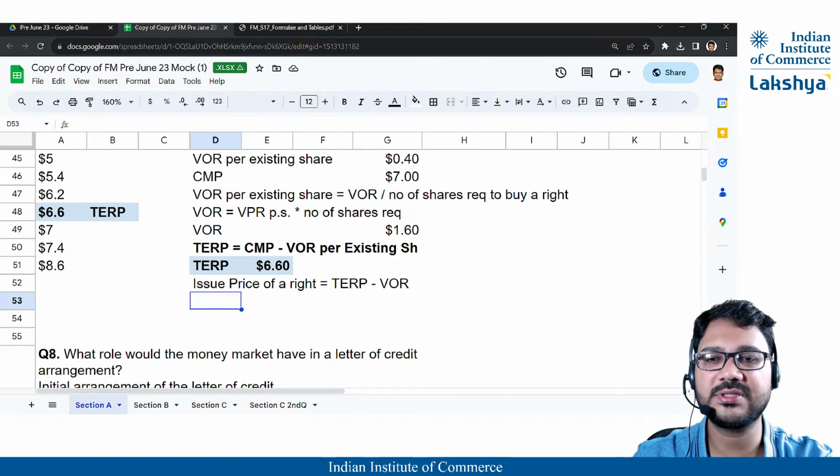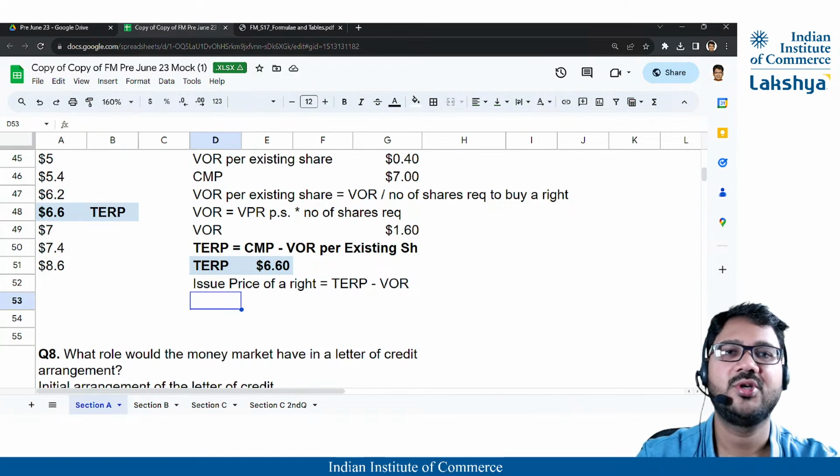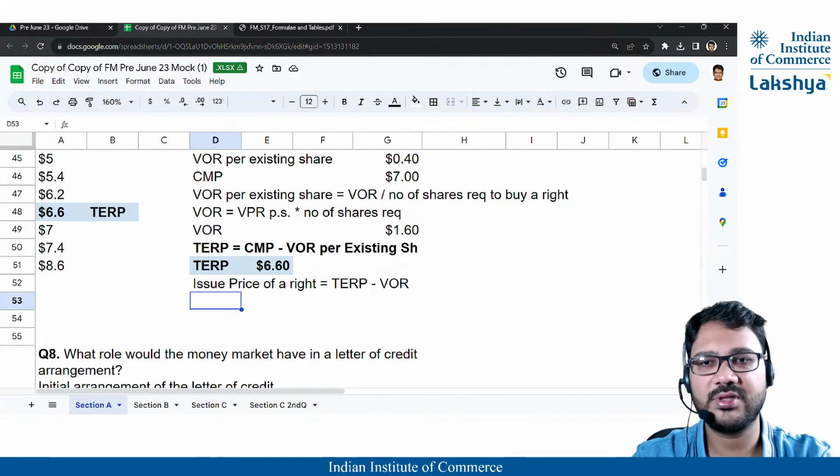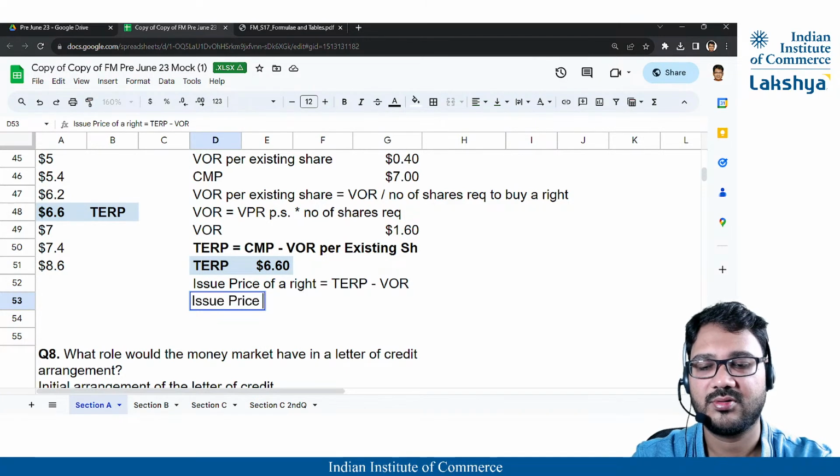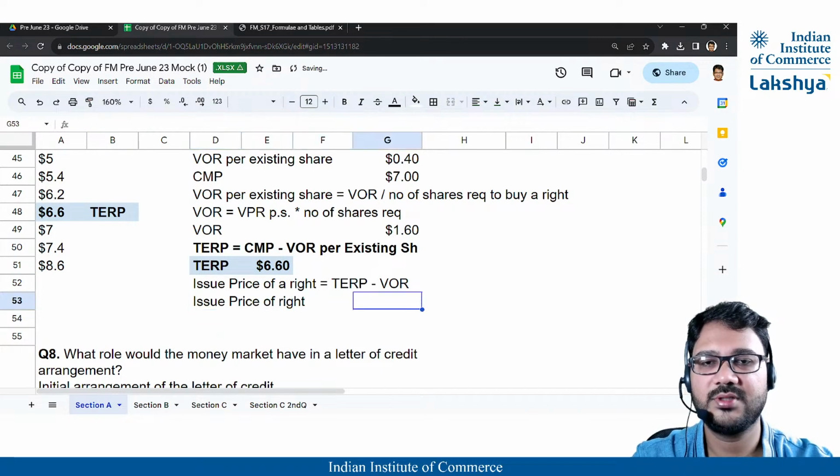Otherwise, TERP is nothing but issue price plus VOR. But we have just rearranged it. So with this, you can just find out your issue price of the right, which will be TERP minus value of a right.